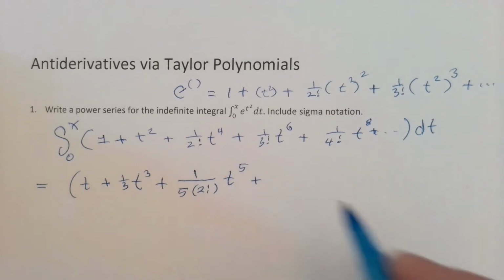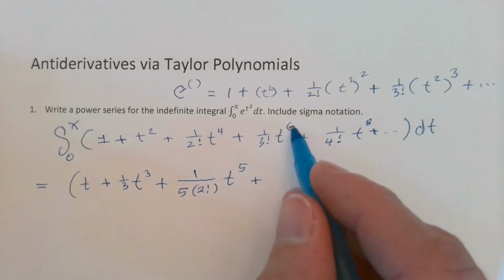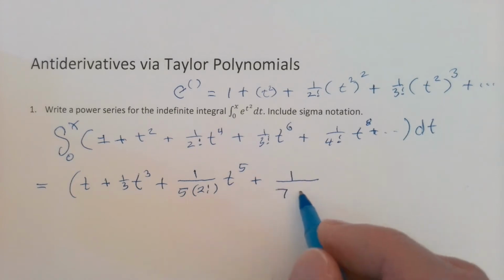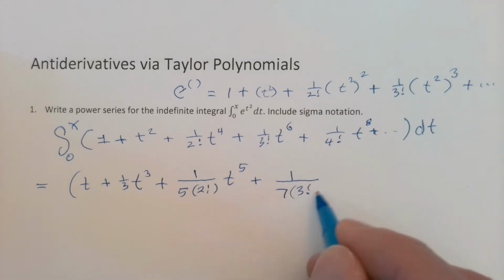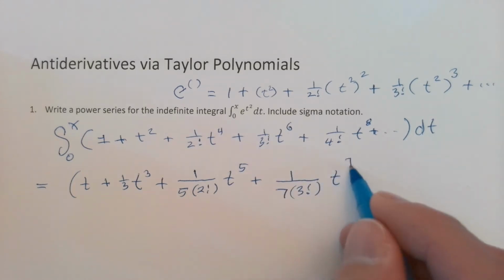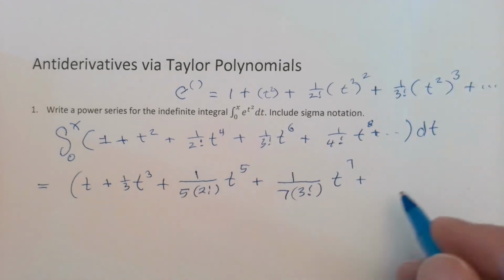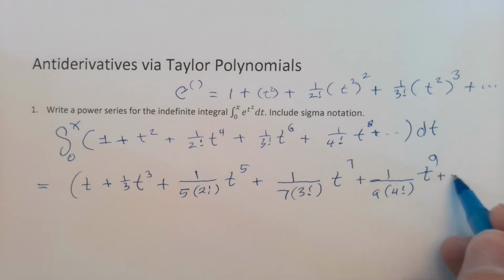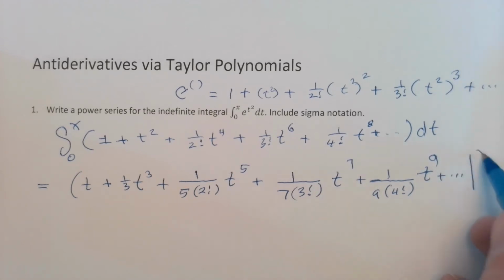And the next one looks like t to the 7th, so I'm going to have to divide by 7, and I have a 3 factorial as a divisor, and I guess we can do one more here. The next one ends up being 1 over 9 times 4 factorial t to the 9th, and we're going to evaluate that at x and 0.